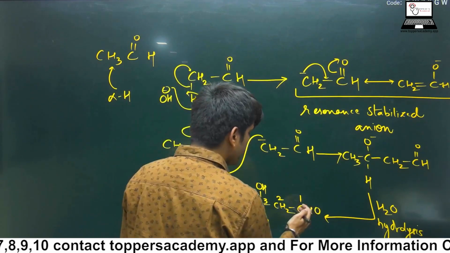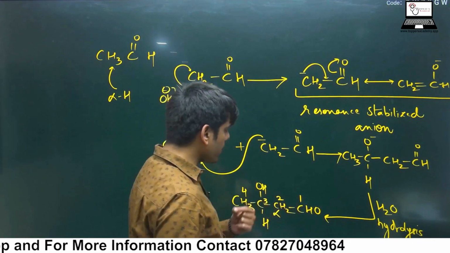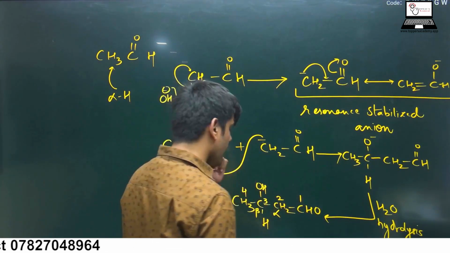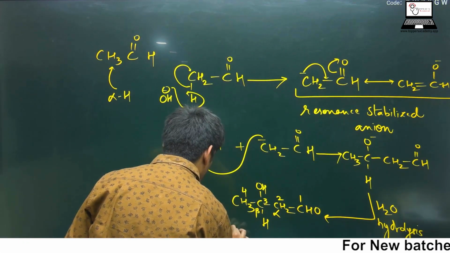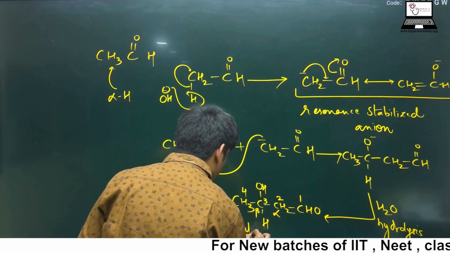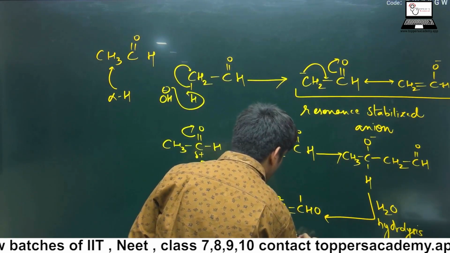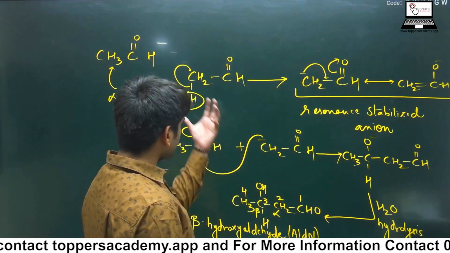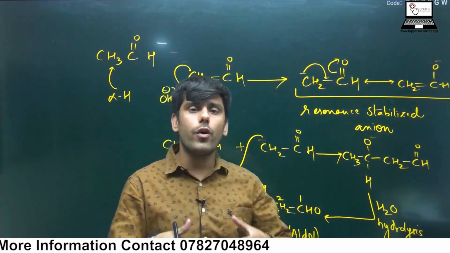Or you can also write that this one is your alpha carbon, which is adjacent to this carbonyl group, and this one is your beta. So this is a beta hydroxy aldehyde, or aldol. Now till the formation of aldol, this is your aldol reaction.